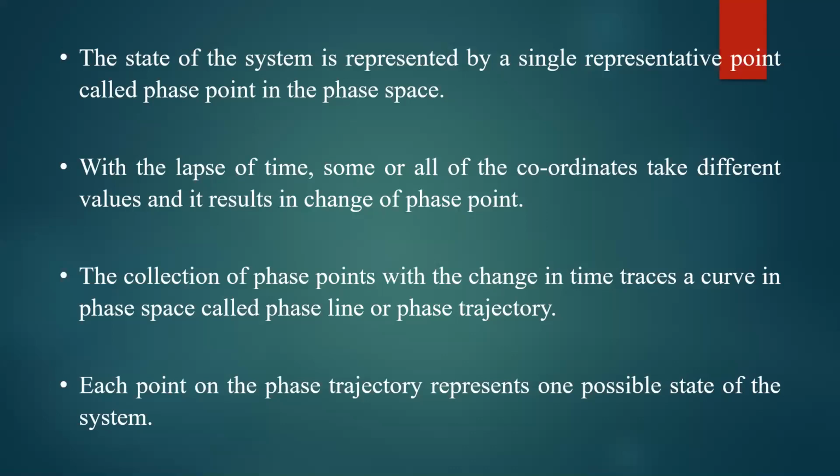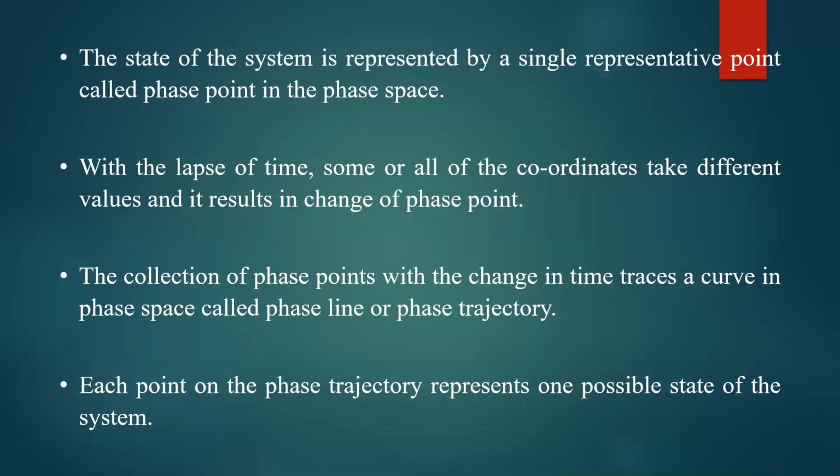A phase point is represented by a position coordinate and a momentum coordinate. So the collection of phase points with the change in time traces a curve in phase space called a phase line or phase trajectory. So if you collect all the phase points with respect to time, they will trace a curve, and that curve is called the phase line or phase trajectory.